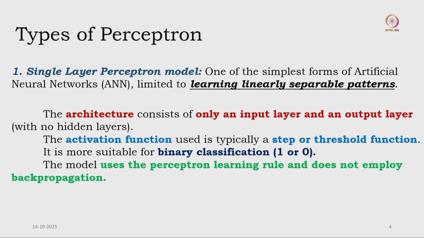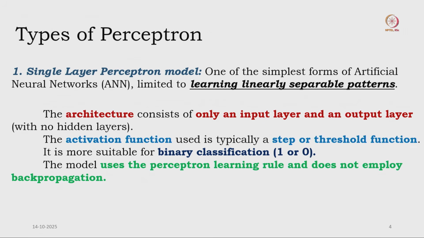So we will look into what the different types of perceptron are. There are two different types of perceptron: a single layer perceptron and a multi-layer perceptron. Now what exactly is a single layer perceptron? A single layer perceptron is one form of ANN which is mainly designed for linearly separable problems.